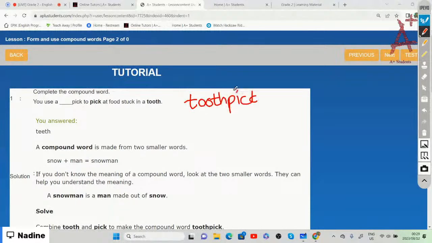And a toothpick we use to pick the food that is stuck in our tooth. It is the two words that we combine, which is tooth plus pick, in order for us to get the compound word toothpick.